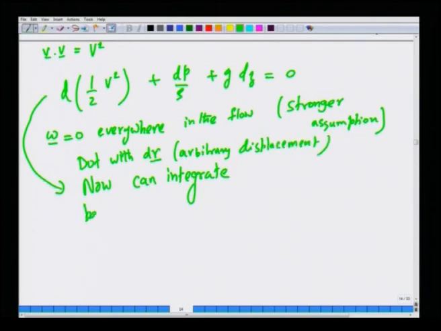Can integrate between any 2 points in the flow. Okay.